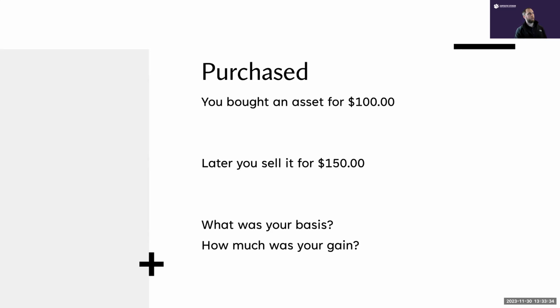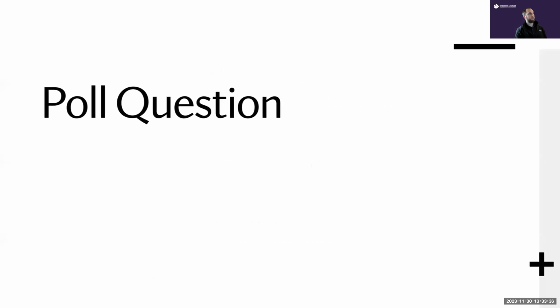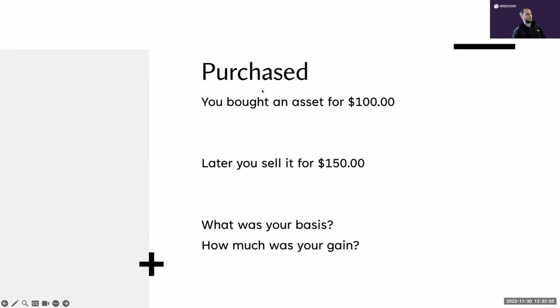So we can pull up the next poll question. Okay, you can go ahead and respond to both of those. I'll go back here just so you can see it. You bought the asset for $100 and later you sell it for $150.